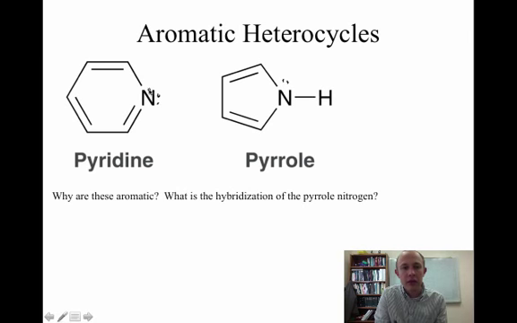Don't be confused by the lone pair of electrons on this nitrogen, or on pyrrole. One question you're going to hear all the time is, what is the hybridization of this? Under the rules we've looked at before, it's bonded to 3 atoms and has a lone pair, so you might think it's sp3. We'll talk about why it's not sp3 in a second.